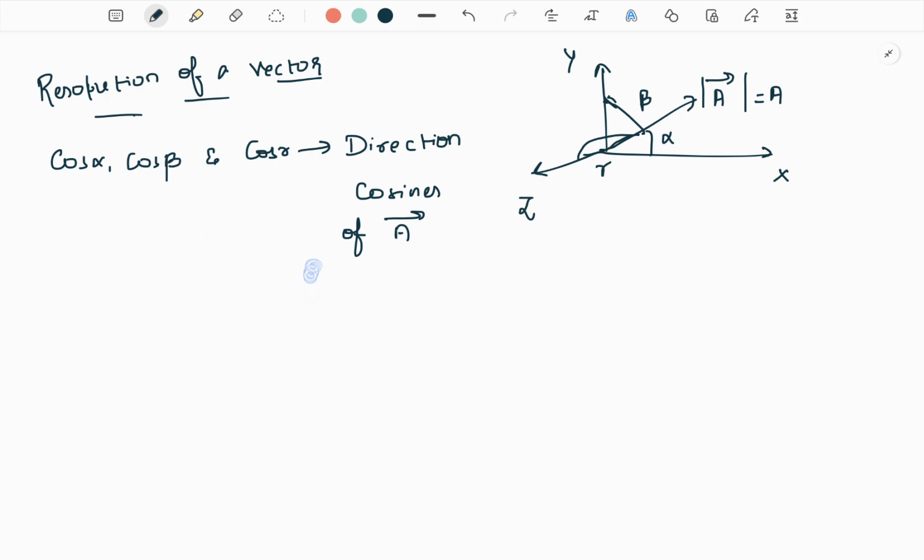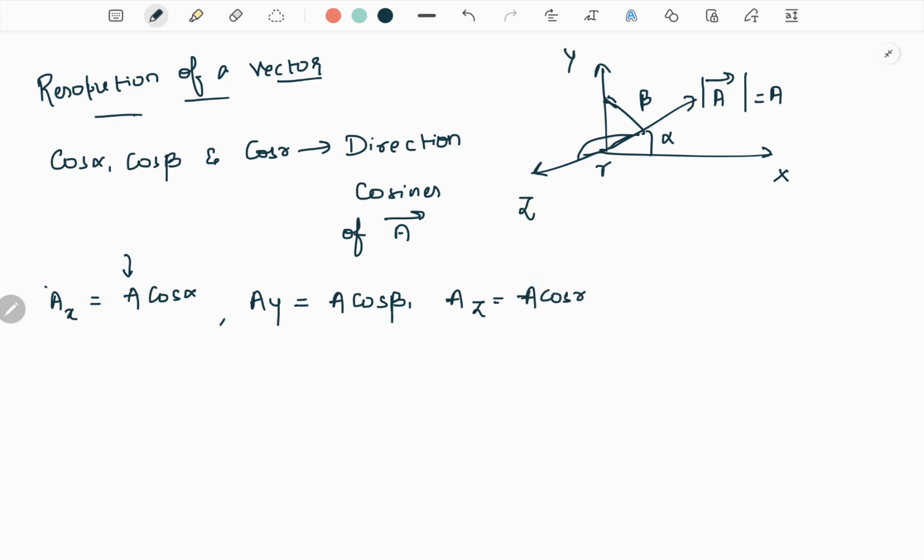Now if we wish to resolve this vector a bar into three components, the x component would be a cos alpha, where a represents the magnitude of the vector, times the cosine of the angle made with that axis. The y component would be a cos beta, and the z component would be a cos gamma.